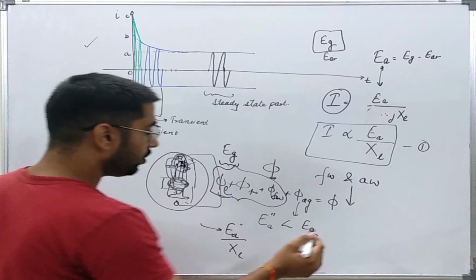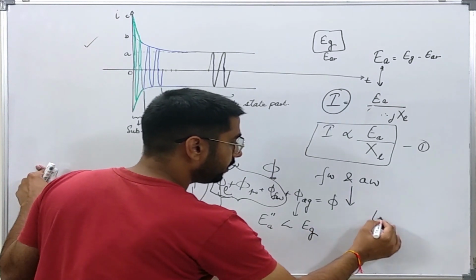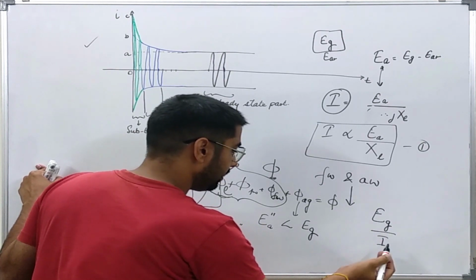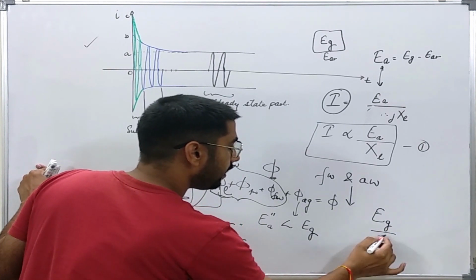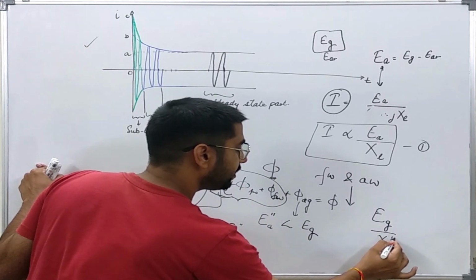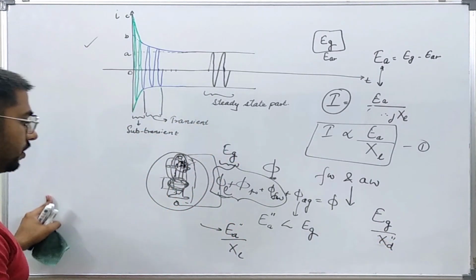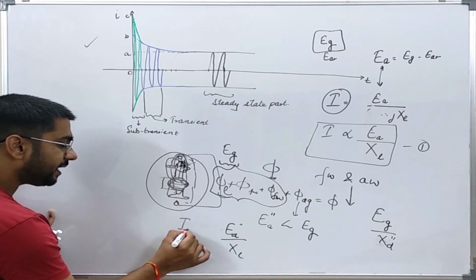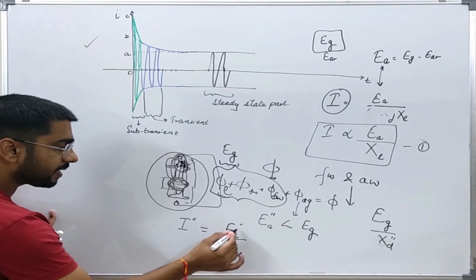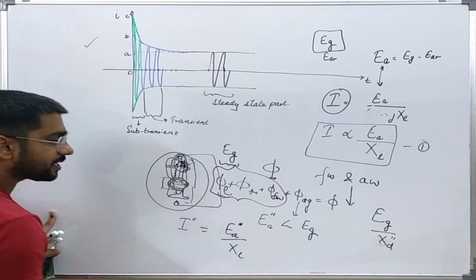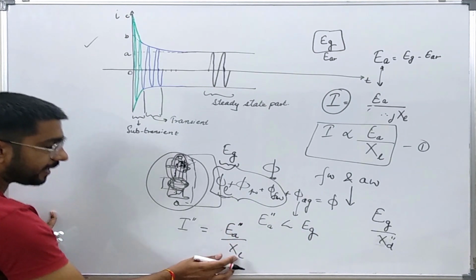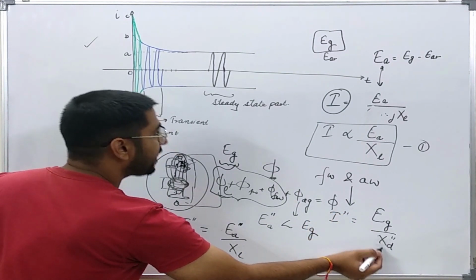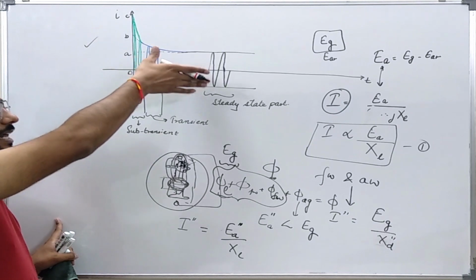Now I also know this current can be written as Eg over Xd double dash. Okay, so you see that the initial sub-transient current can be written as either this Ea double dash over XL, which is smaller than Eg over XL, or it can be simply written as Eg over Xd double dash, which we have seen in this lecture only.